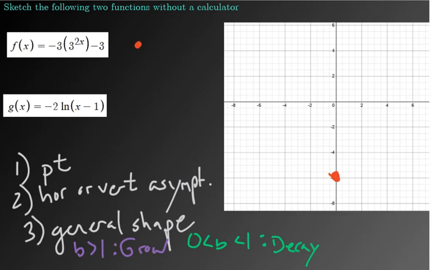Okay? And we've seen this before, but with exponentials, this number at the end will always tell you where the horizontal asymptote is. This number inside will always tell you the left or right shift. So that one tells you where the vertical asymptote is, right?